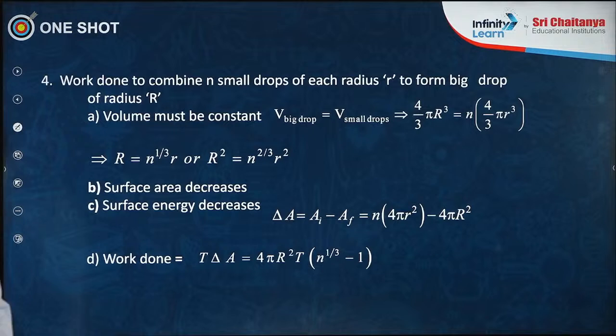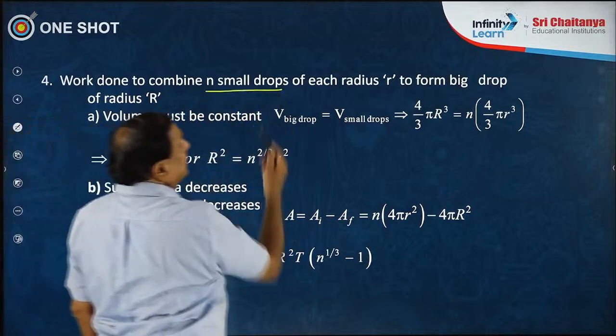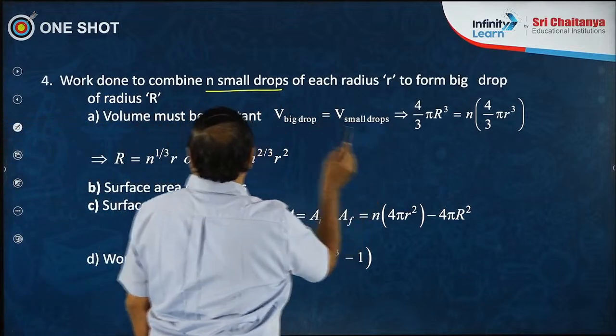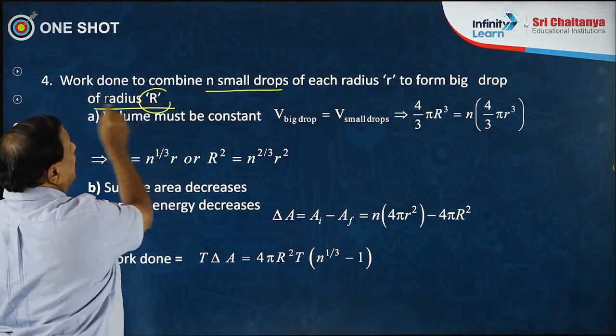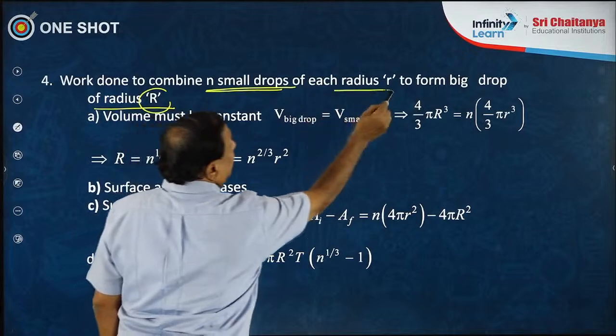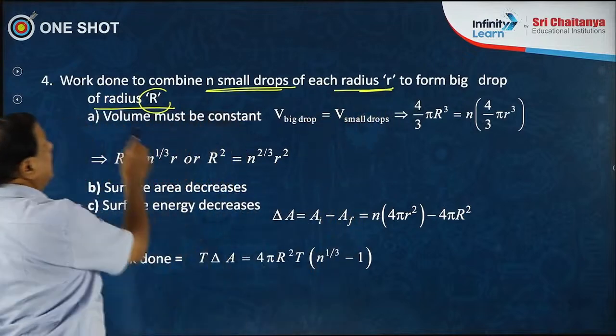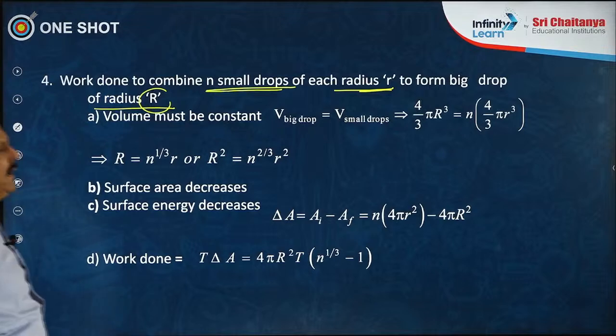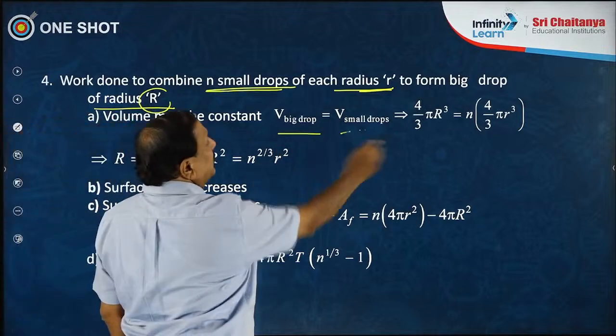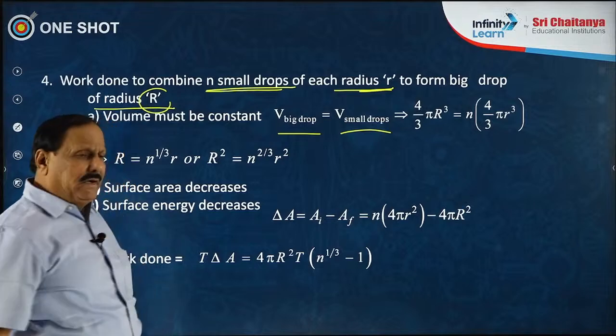Here is another very important case: n small droplets combine into a big drop of radius capital R. Again see here, n droplets of radius r each combine into a big drop. First of all, we have to equate the volume of the big drop and the volume of the n droplets.